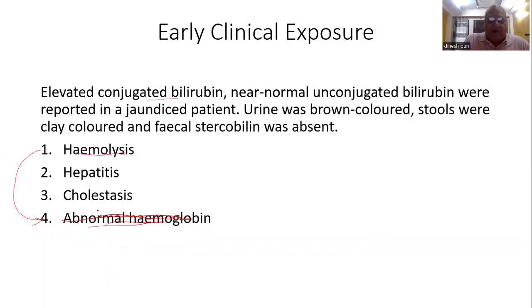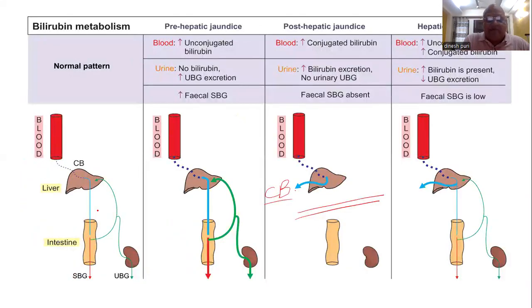So I think that completes it. Now one advanced learning point. I will leave you with a problem. In hepatic jaundice, there is less secretion of conjugated bilirubin, less urobilinogen will be formed, but urinary excretion of urobilinogen increases.